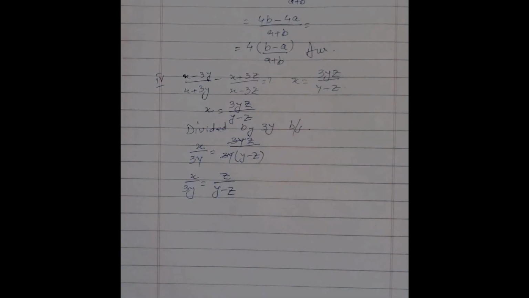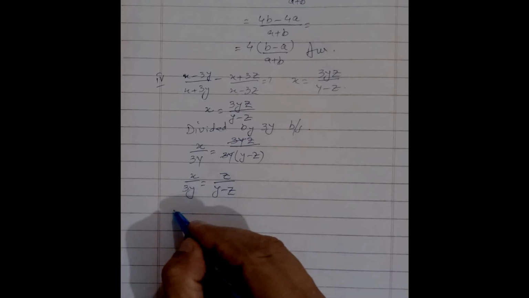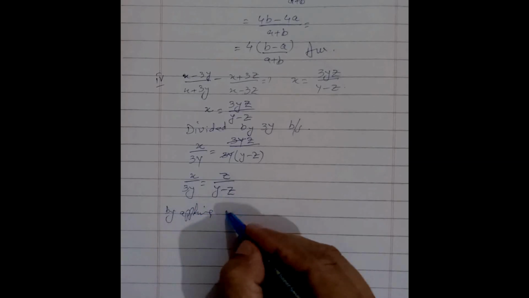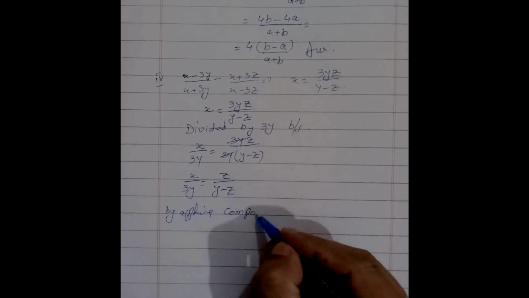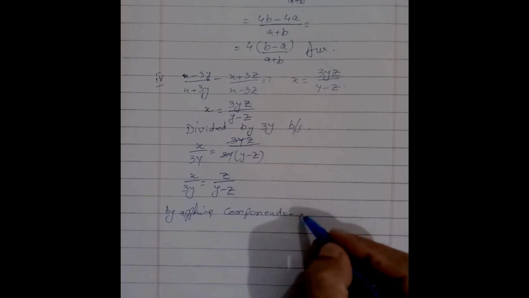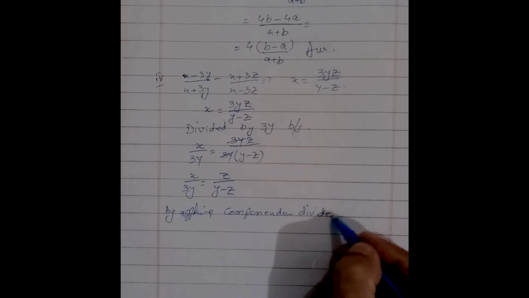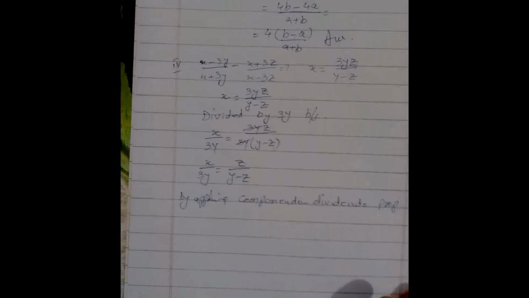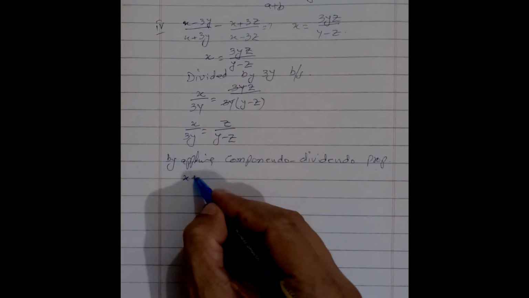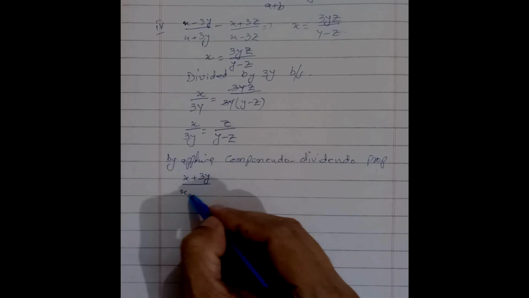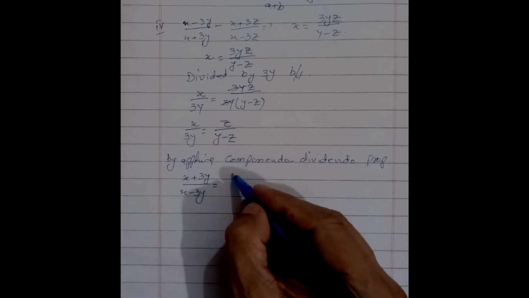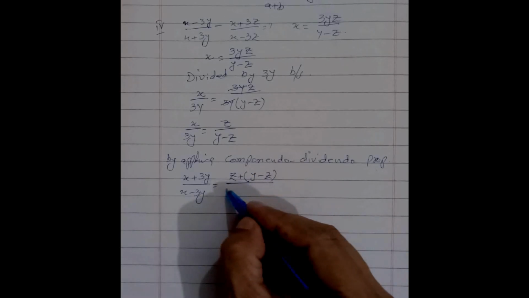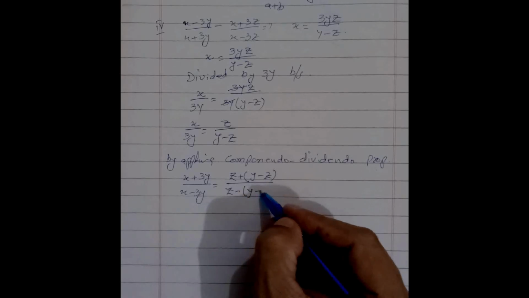Here we apply the componendo dividendo property. We get x plus 3y over x minus 3y is equal to z plus y minus z over z minus y minus z.